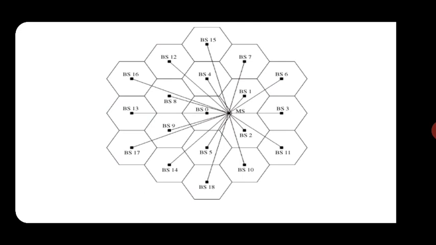If the person goes from BS0 to BS4, the communication is still in process, but the frequency will be changed; it will be catching the frequency of BS4. Similarly, if the user moves to one more station, BS8, again the frequency will change to that of BS8. If the user is moving around these cells, the frequency will be getting changed. That is what we call frequency hopping.